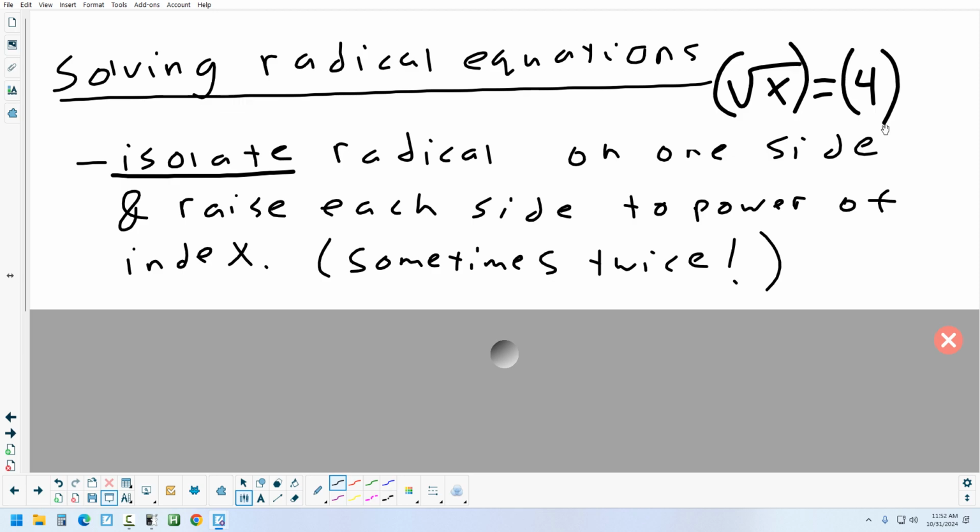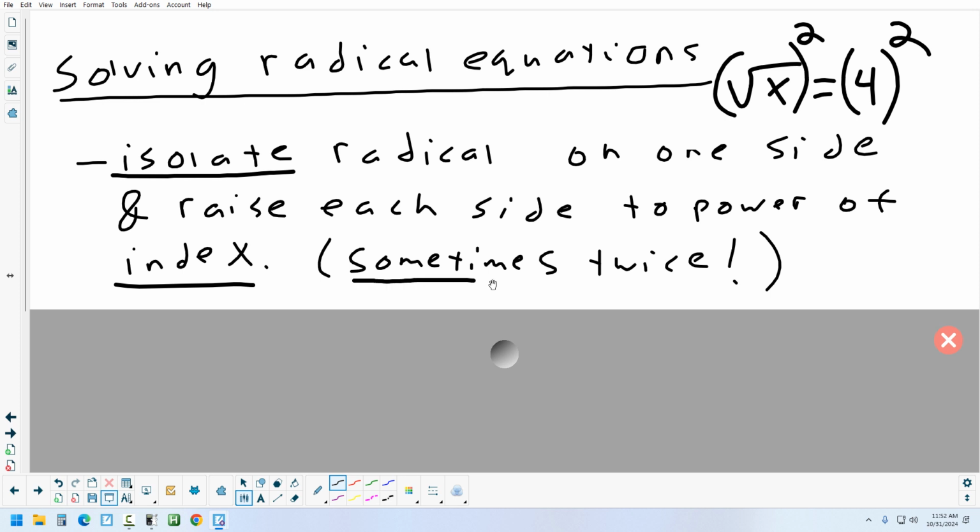It's up to you to figure out what the power is. The power is the index. So when we're dealing with a square root, what's the index? Yep, 2. So in this problem, you raise each side to the power of 2. And that's how you would solve it.